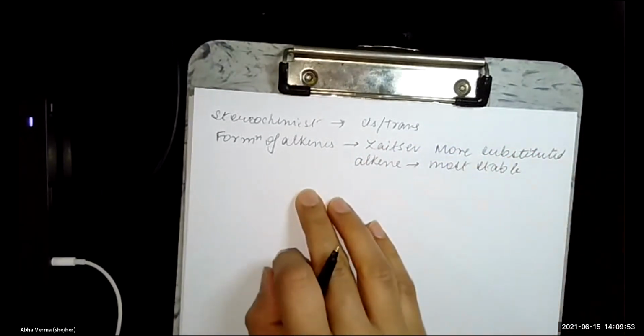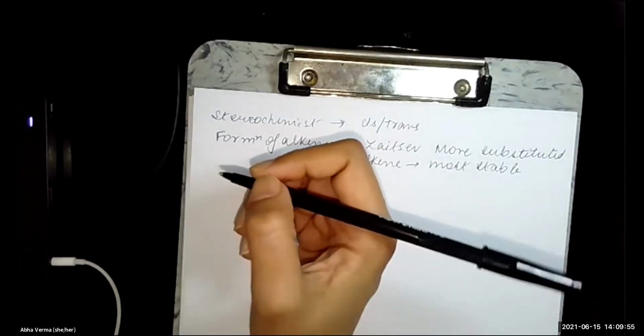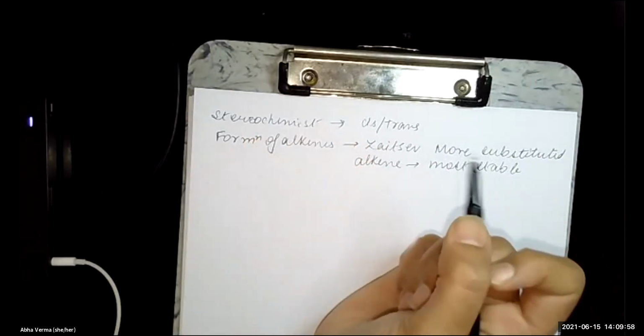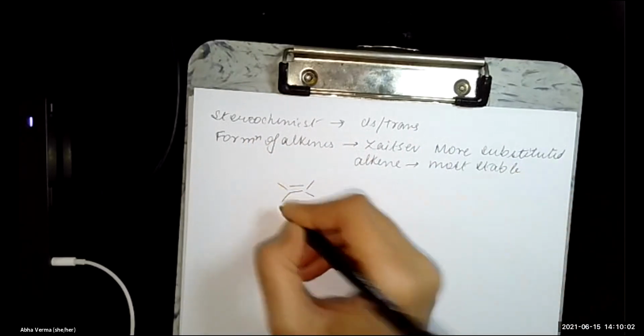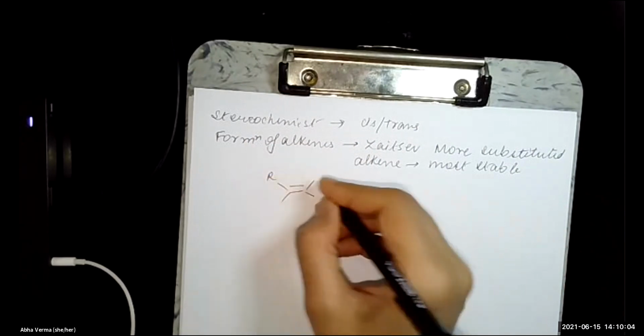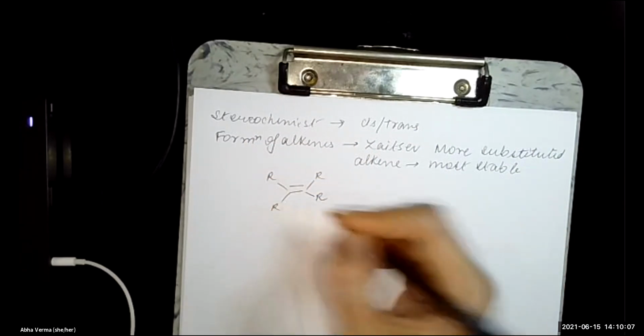So according to this, what is the most stable alkene? If we have a tetra-substituted alkene, all of the hydrogens are replaced.